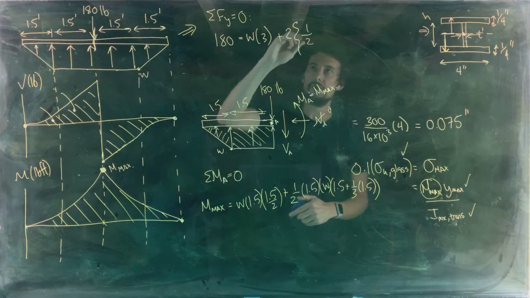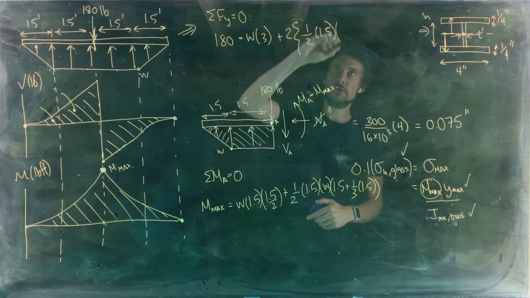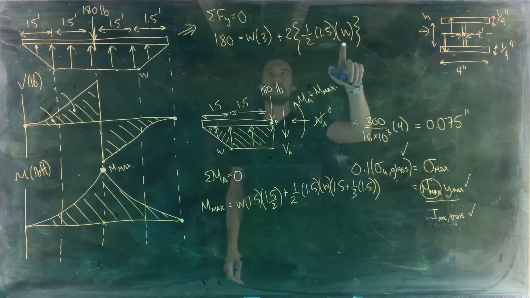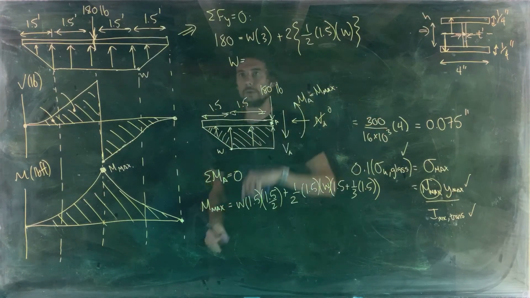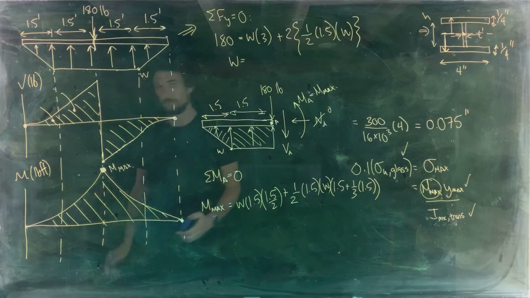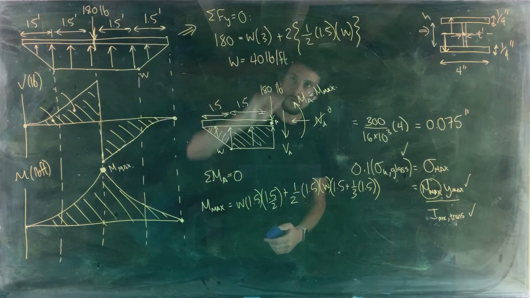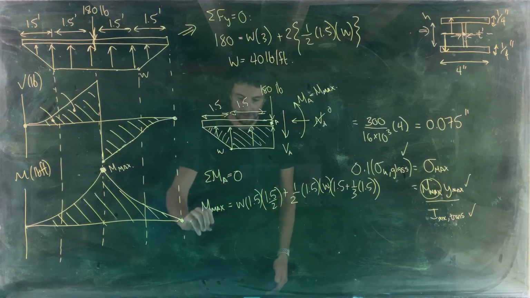So those have a resultant of 1/2 the base, 1.5, multiplied by the height, which is W. Okay, and that's going to give us W in units of pounds per foot. What did I get when I solved for W? 40 pounds per foot. There we go.